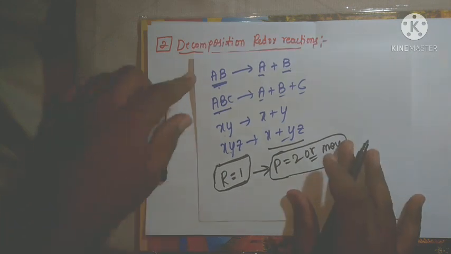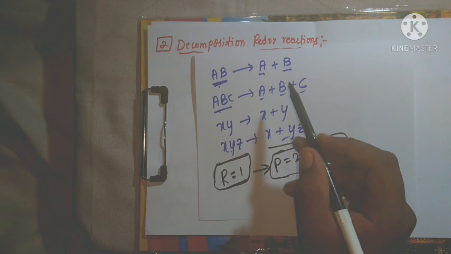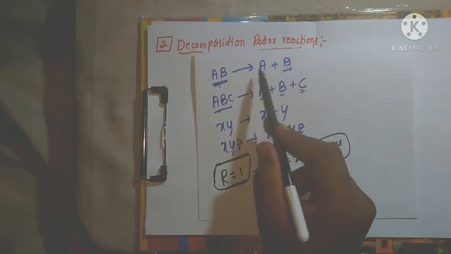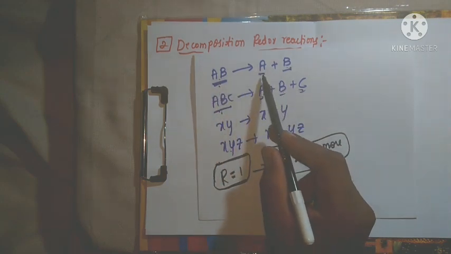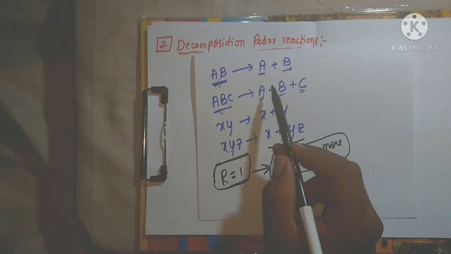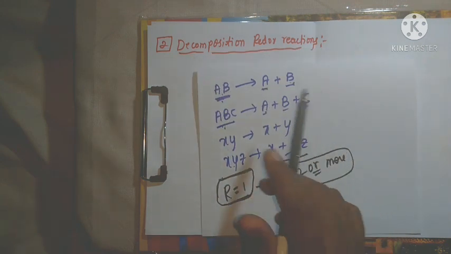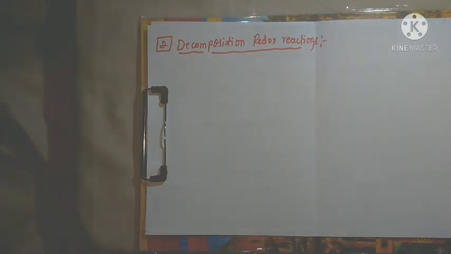Or you may write: the reaction in which two or more products are formed from the only one reactant. Such reactions are called decomposition redox reactions.